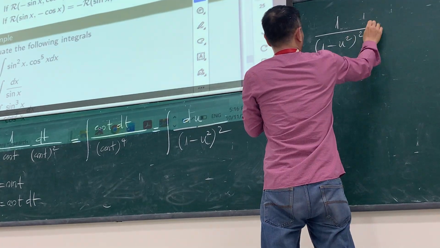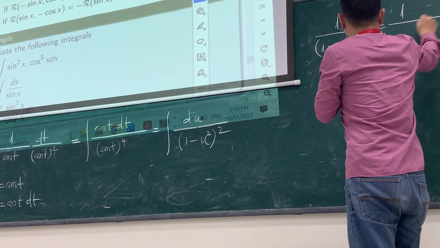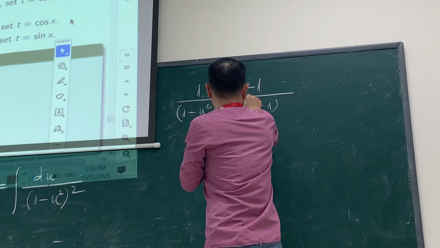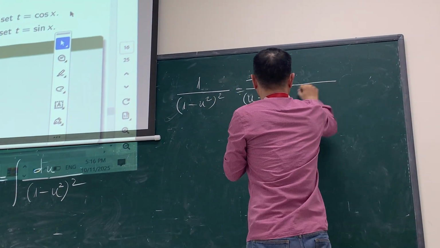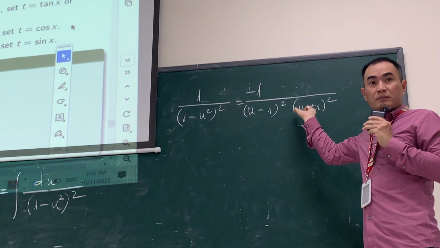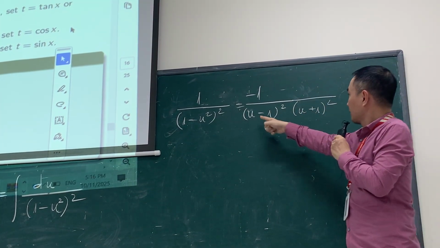The denominator is equal to u minus 1 squared times u plus 1 squared.